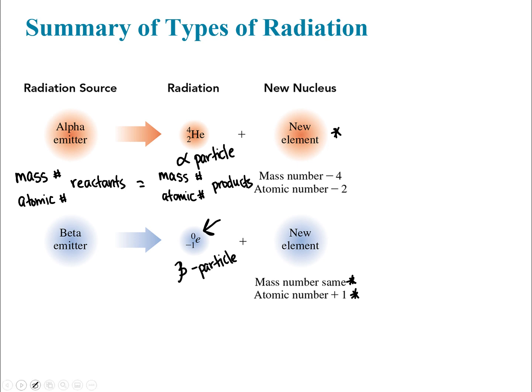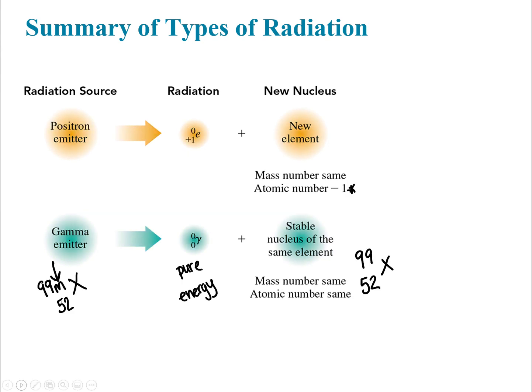So in the last one, we had a positron emitter, and that meant that our mass number would stay the same, and the atomic number of the new element would be the atomic number of the old element minus 1. So you need to get comfortable with these types.